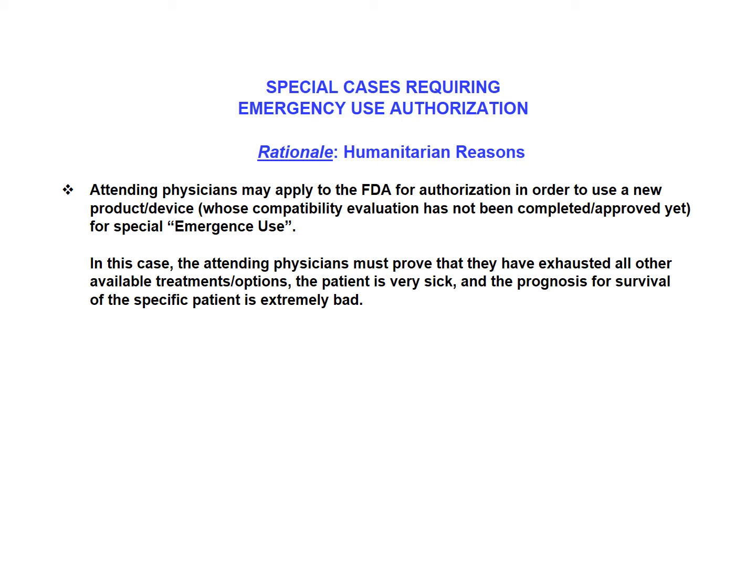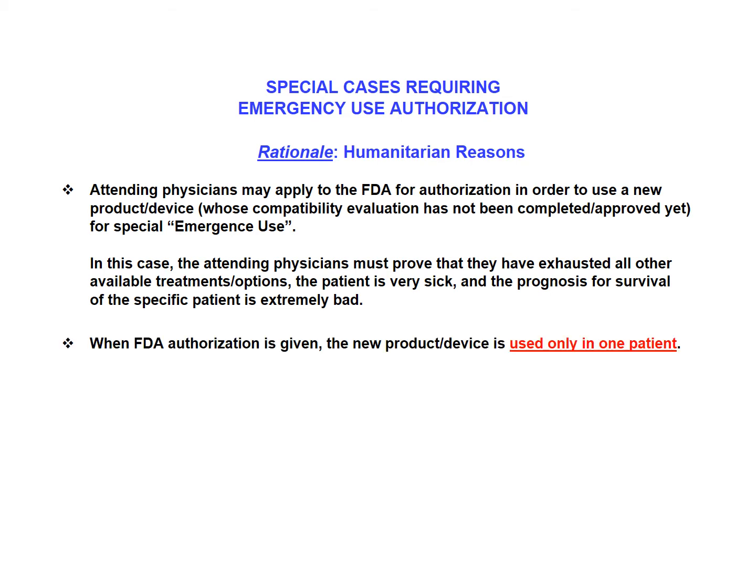In this case, the attending physicians must prove that they have exhausted all other available treatments or options, that the patient is very sick, and that the prognosis for survival of the specific patient is extremely bad.